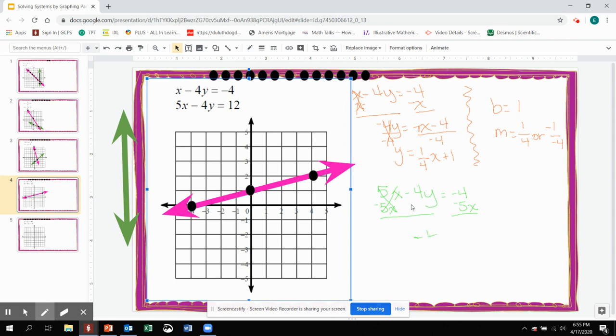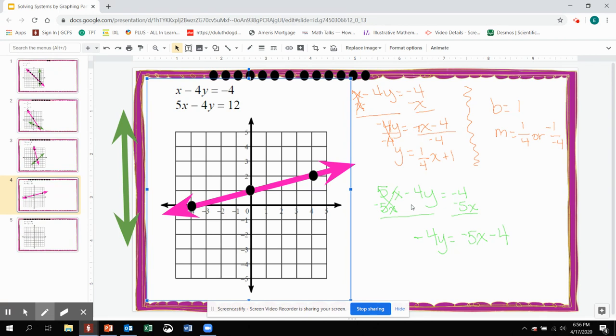I'm actually left with -4y. On this side, I have -4 and -5x. They're not like terms, so I'm just going to rewrite them. And I'm going to usually start with my x. So it's minus 5x, which means it's -5x. It's -4, which means I'm going to write -4.